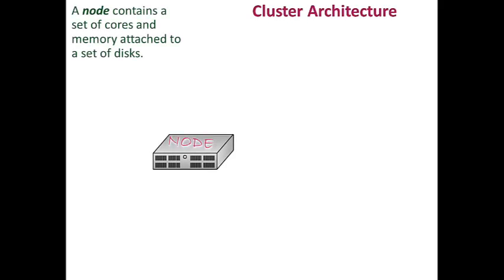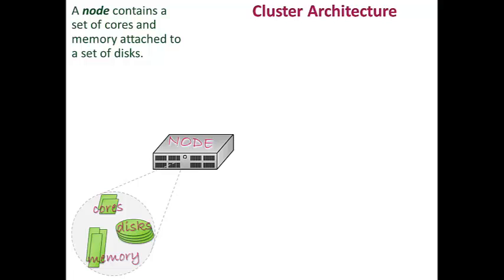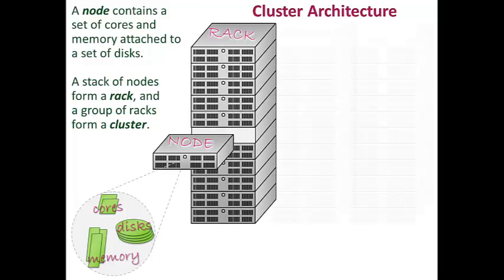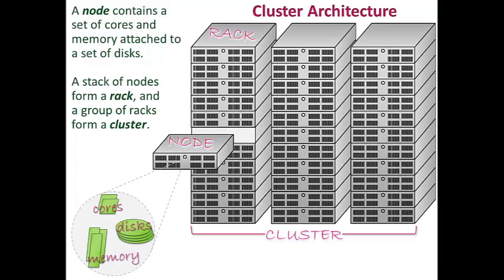Now we'll learn a little bit about cluster architecture. A node contains a set of commodity cores and memory that are attached to a set of disks. A stack of nodes form a rack, and a group of racks form a cluster.